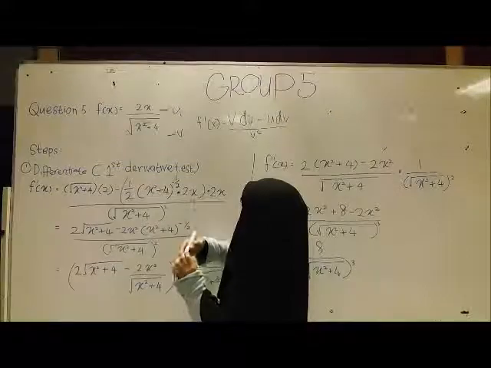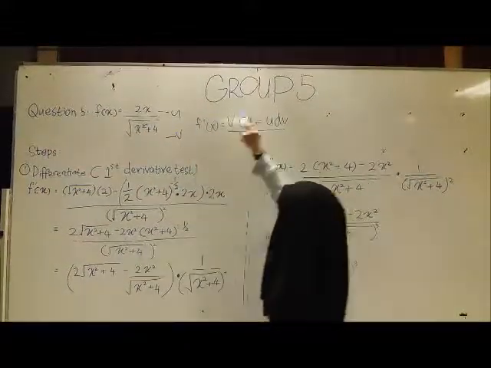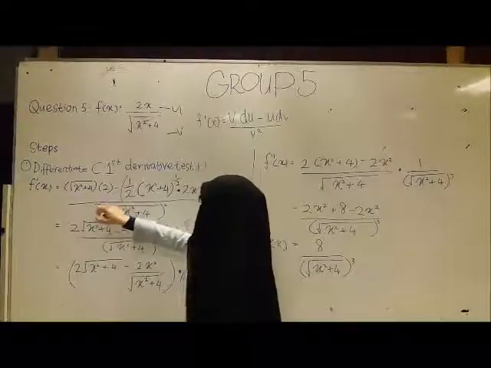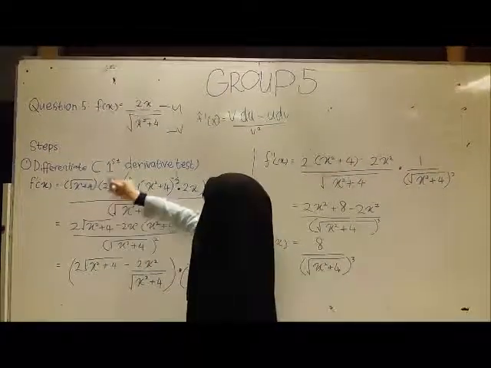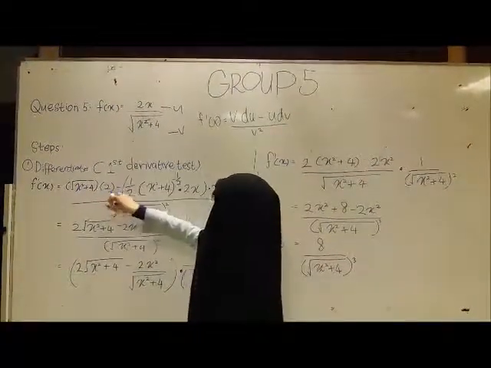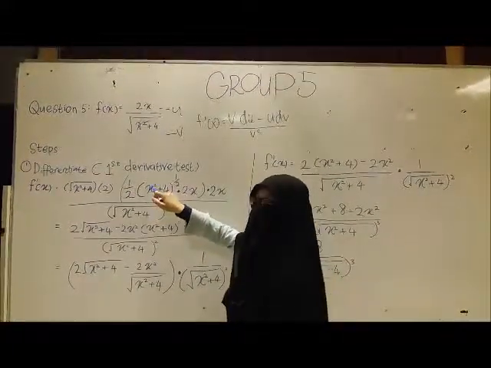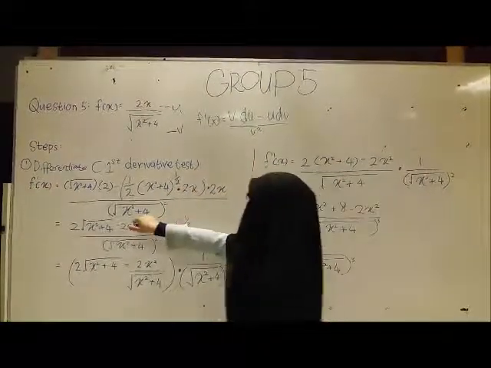After we differentiate u and v, we insert them into the quotient rule and we get this. We put the v here, and 2x differentiated becomes 2, and this is the derivative of v, and this is u and v squared.